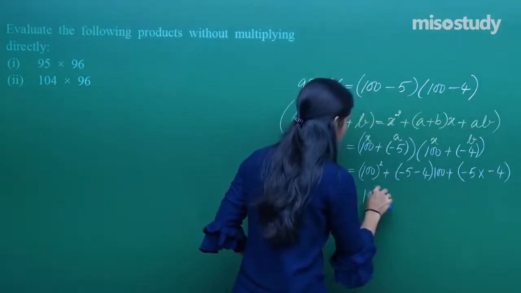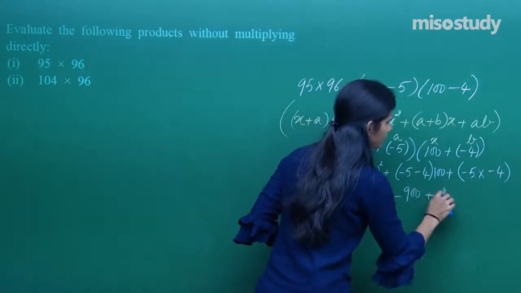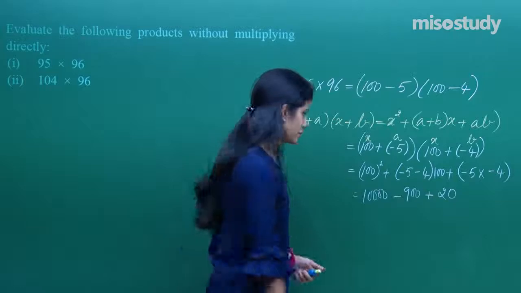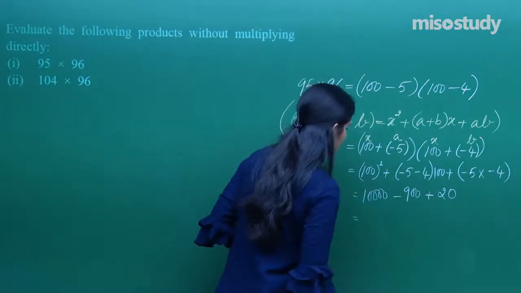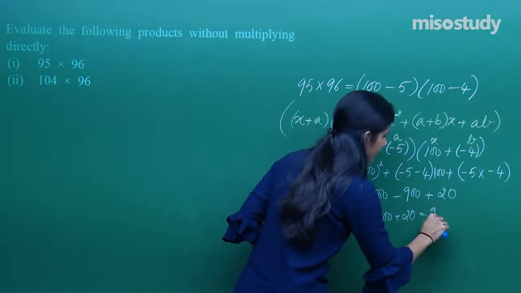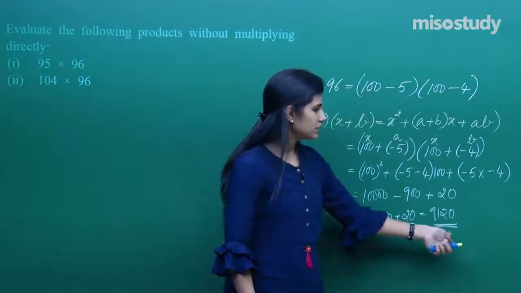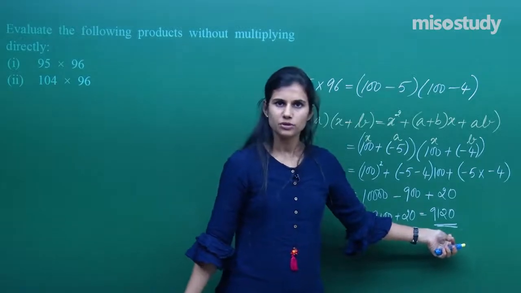So you have 10000 minus 900 plus 20. This gives you what? 9100 plus 20, which is 9120. So without actually multiplying, I have found the value of the product, which is 9120.